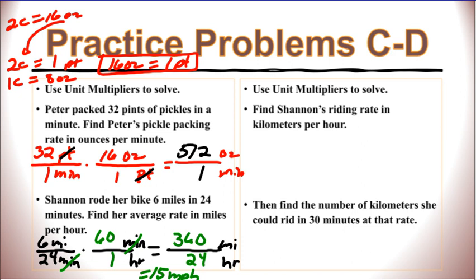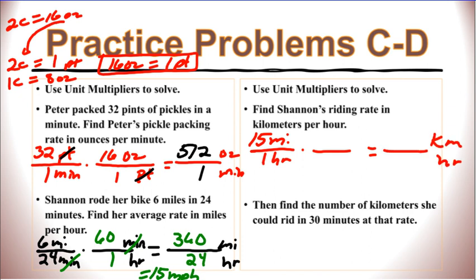Find Shannon's riding rate in kilometers per hour. Actually, to make it a little bit easier, let's start with what her rate is right now. So 15 miles in 1 hour. I need to convert that to kilometers per hour.